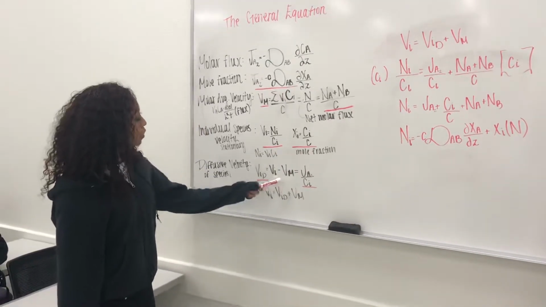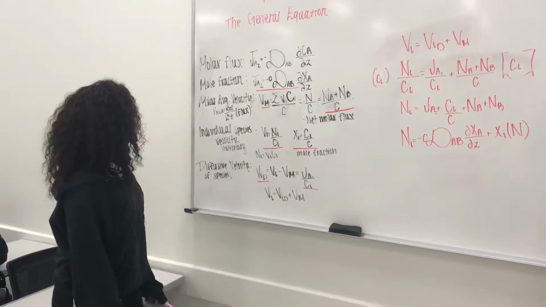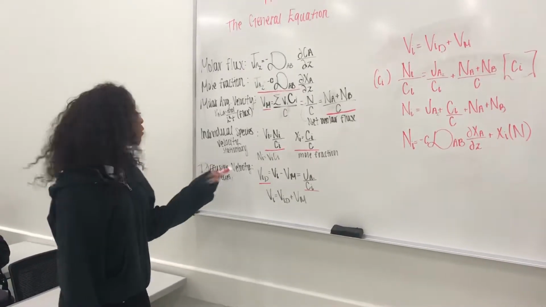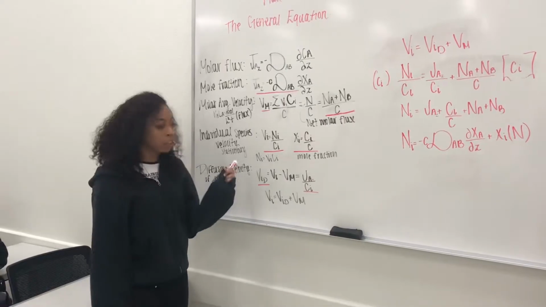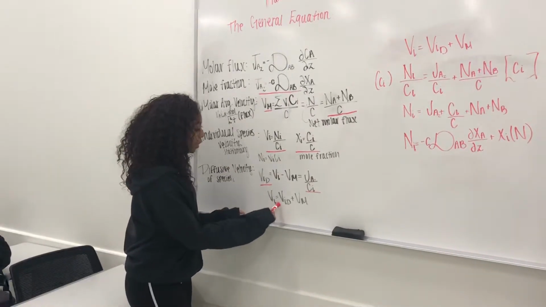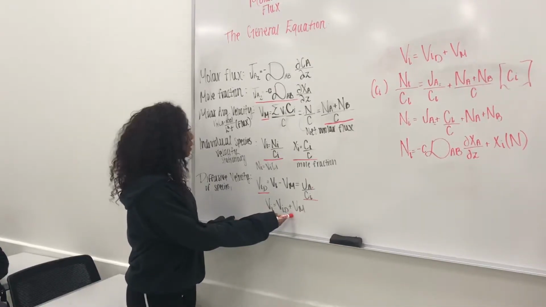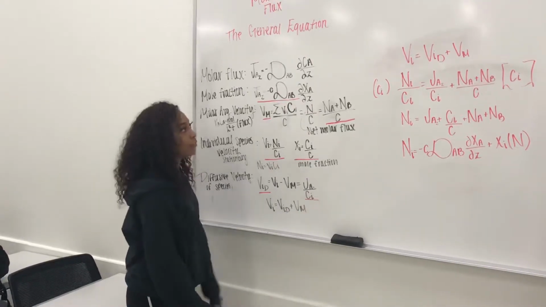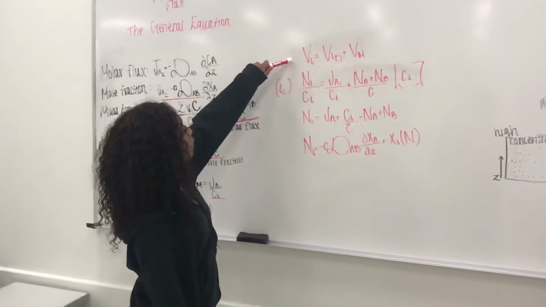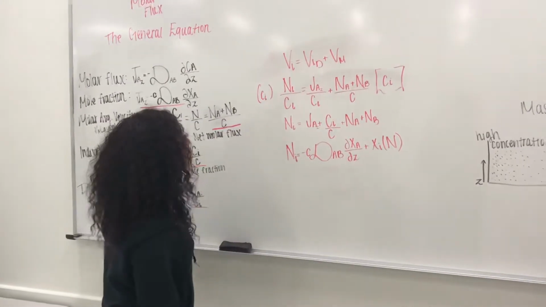And you can rewrite this equation in terms of the individual species velocity, which is Vi, equals the diffusive velocity of species I plus the molar average velocity of the mixture. So once you have this equation, you can plug in everything.